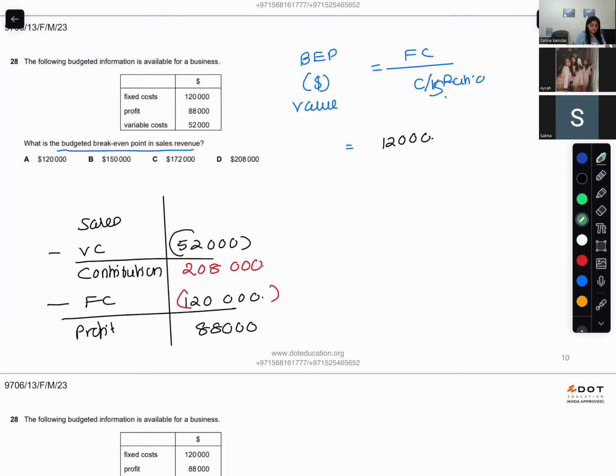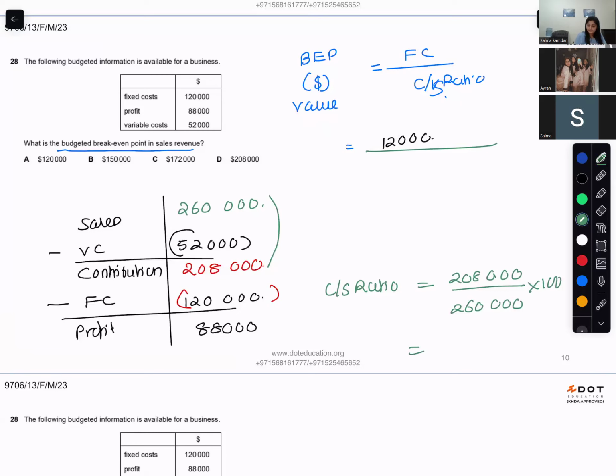Then you'll add the variable cost, so sales are 2,60,000. Now you found the sales and the contribution, so you can find the CS ratio. 2,08,000 over 2,60,000 into 100.